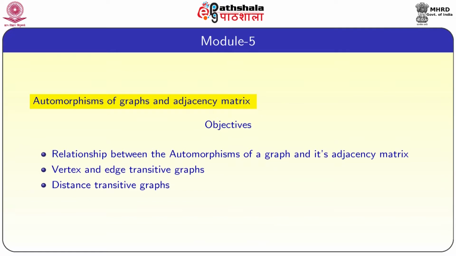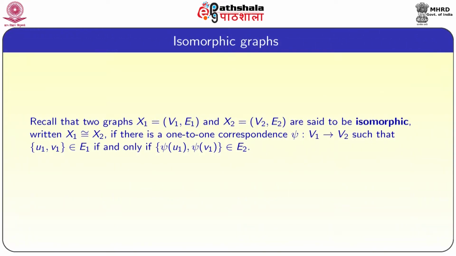distance transitive graphs. Recall two graphs X1 equal to (V1, E1) and X2 equal to (V2, E2) are said to be isomorphic, written X1 isomorphic to X2, if there is a one-to-one correspondence from V1 to V2, the vertex set of X1 to the vertex set of X2, that is there is a mapping psi from V1 to V2 such that u1 v1 belongs to E1 if and only if psi of u1 comma psi of v1 belongs to E2.